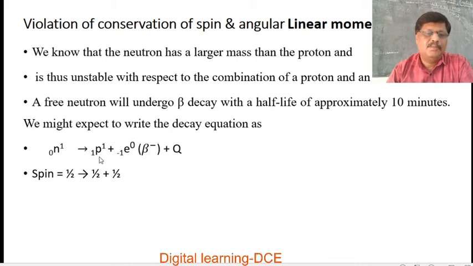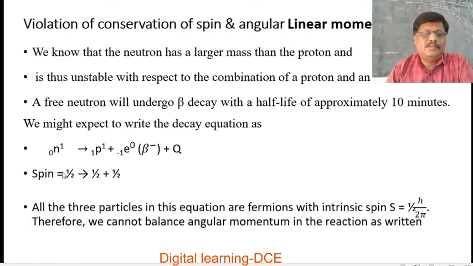Here the proton, the neutron and the electron are all fermions. They obey Fermi-Dirac statistics and have spin 1/2. The proton has spin 1/2, and the electron also has spin 1/2.